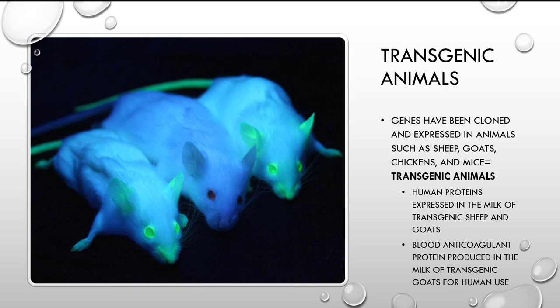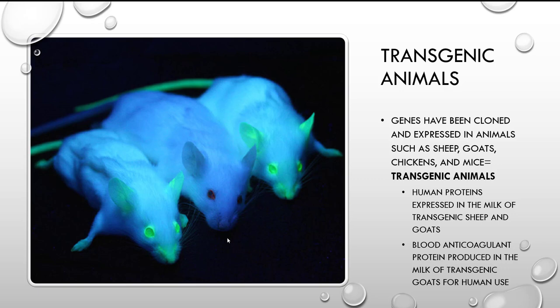Okay. This is a picture of mice. Mice are used a lot in research. You can see two of the three mice here are transgenic. They have a gene that causes them to glow under UV light. You can see which two are glowing and which one's not.